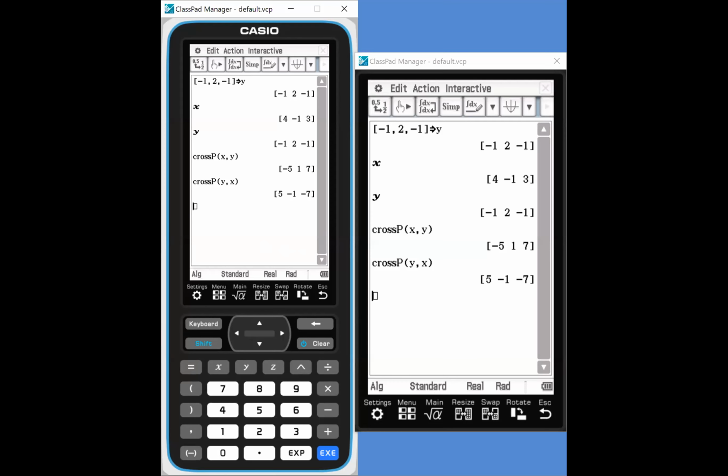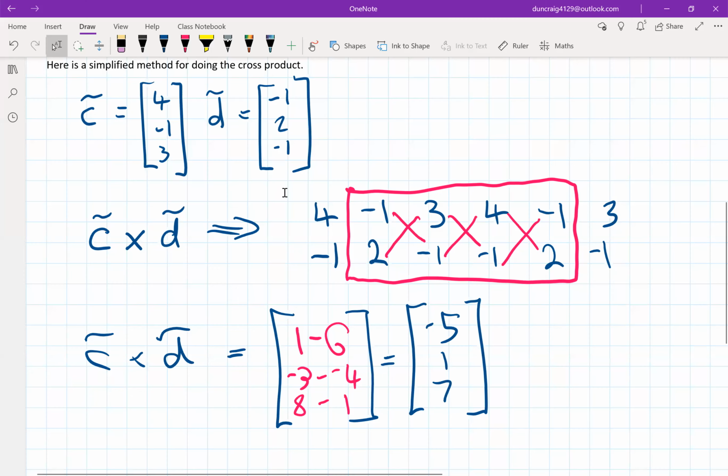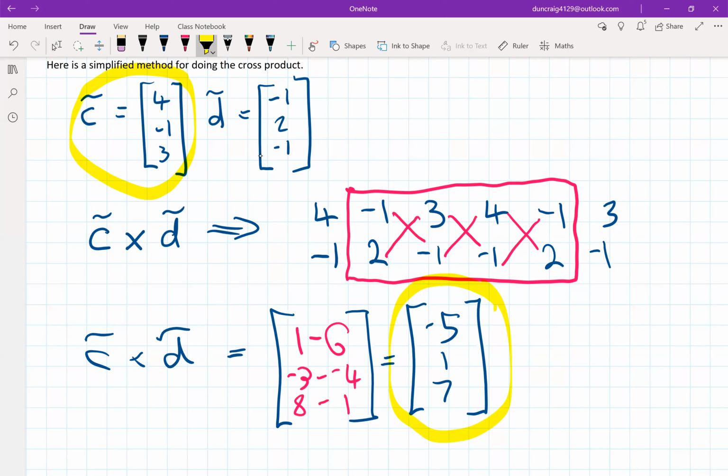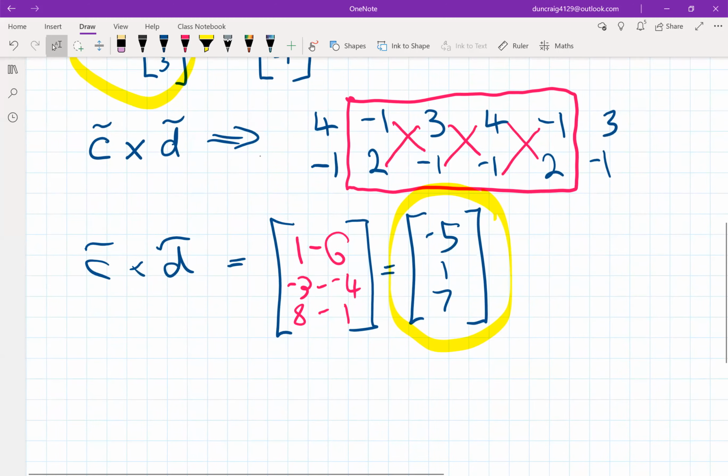So I'm just going to come back here. If I had vector C, and I did the dot product of that with the cross product, that should give me 0 as an answer, because it's saying that, well, those two are perpendicular.